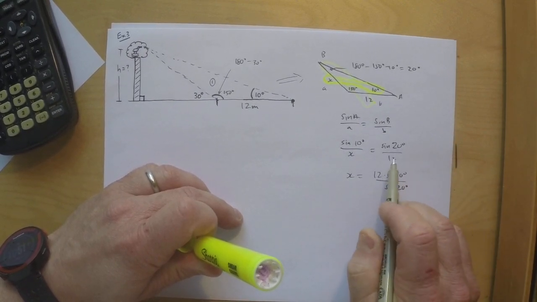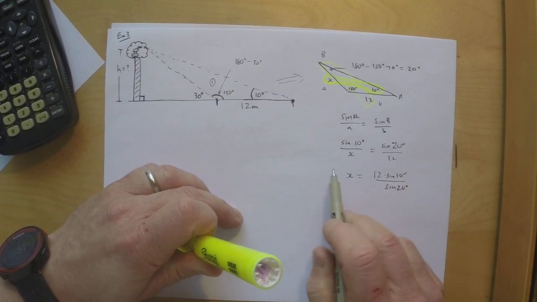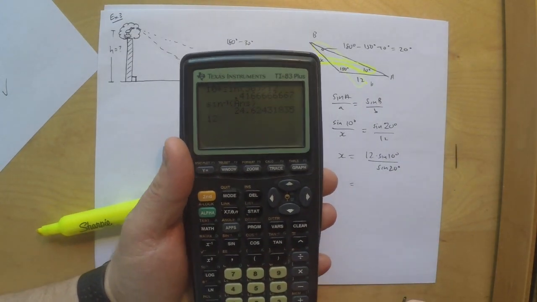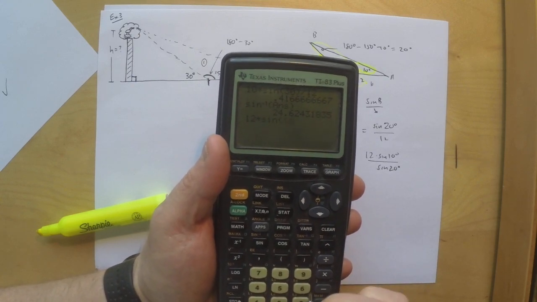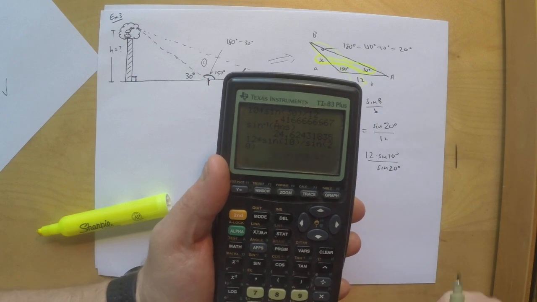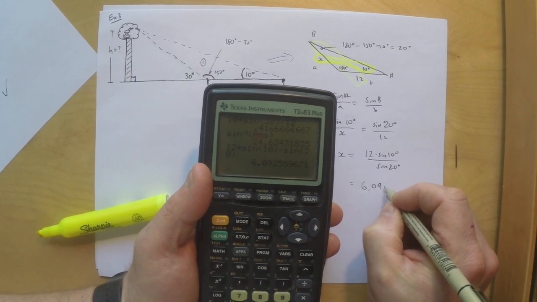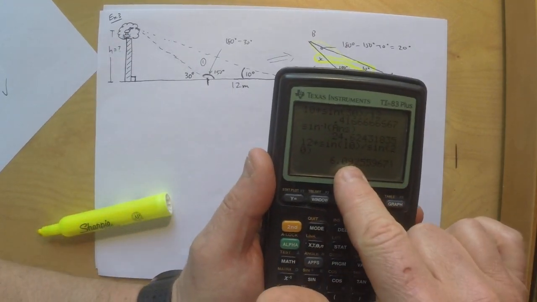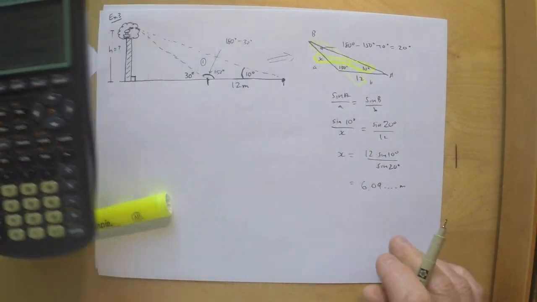I did two steps there. I went this times this, that times that, and divided sine 20 out. Out comes my x: 12 times sine 10 divided by sine 20 is 6.09 and so on, and the units are meters. I'm going to keep all those decimal places because I'm not done the question.